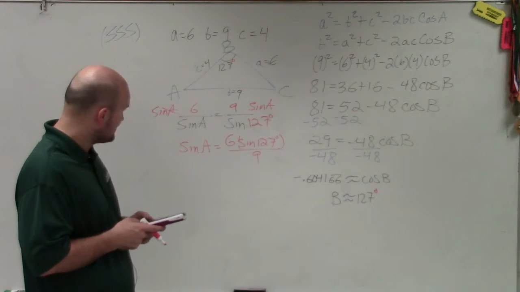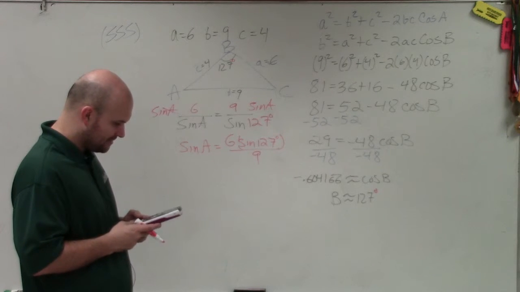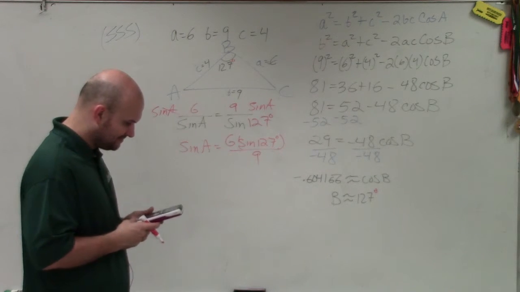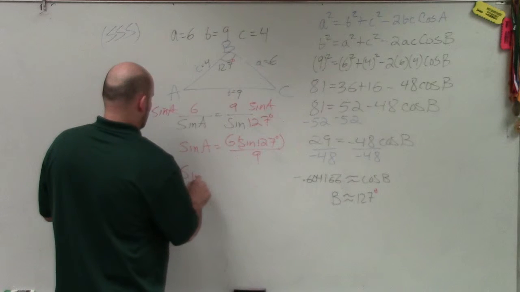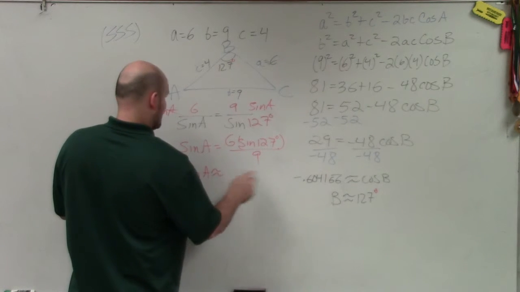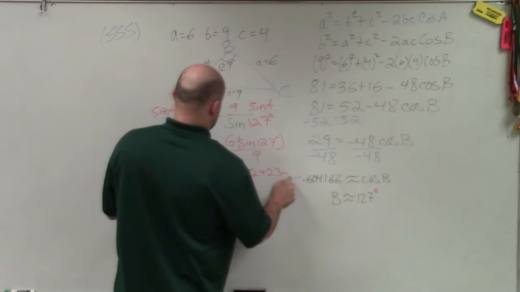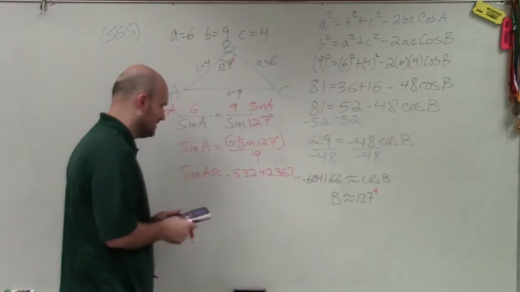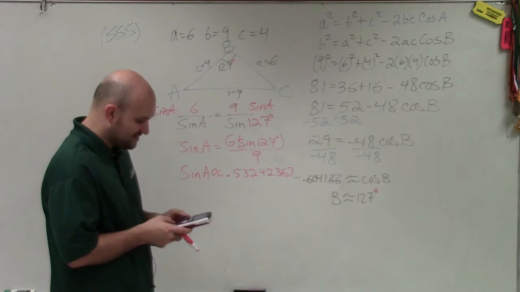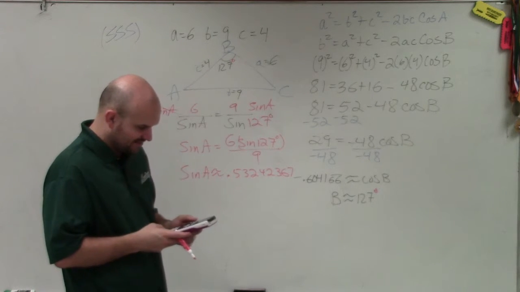So I do 6 times the sine of 127, and then divide that by 9. And I get sine of A is approximately, again, another decimal, 0.53242367, blah, blah, blah, right? Again, I'm just going to use the inverse sine to find angle A. So I do inverse sine of the second answer.